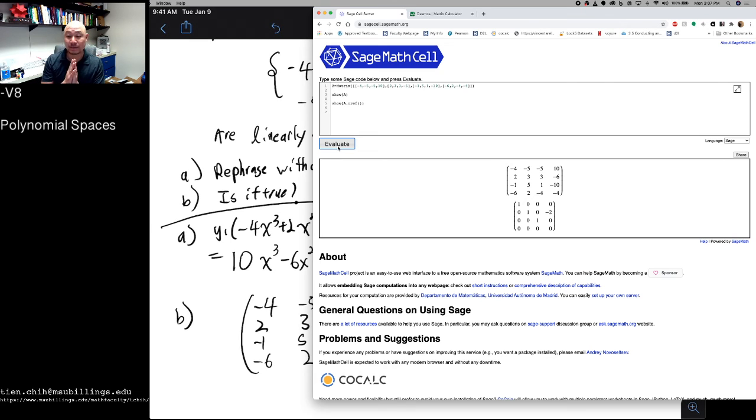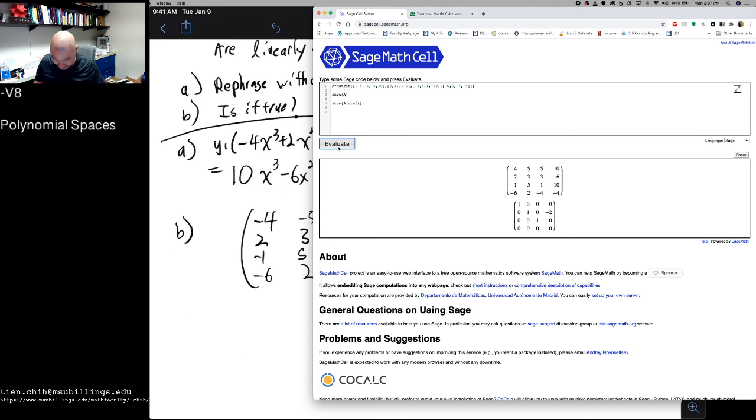And we end up with this reduced row echelon form matrix: 1, 0, 0, 0, 0, 1, 0, 0, 0, 0, 1, 0, and 0, minus 2, 0, 0. And so what we should observe from seeing this is, hey, look at this thing.